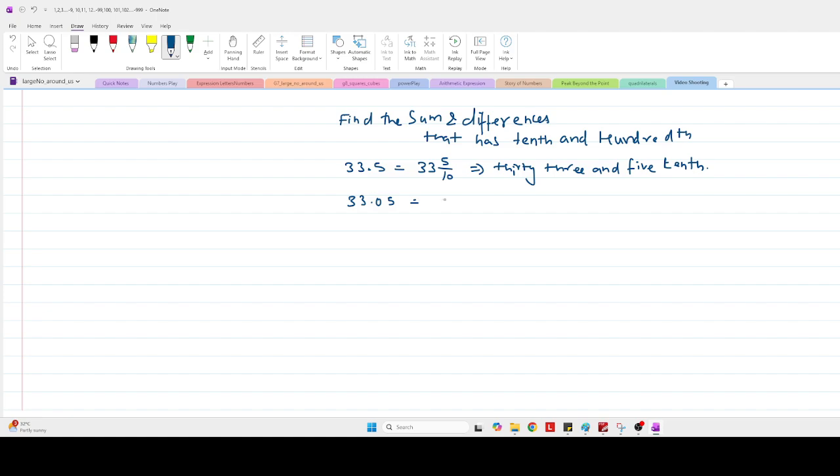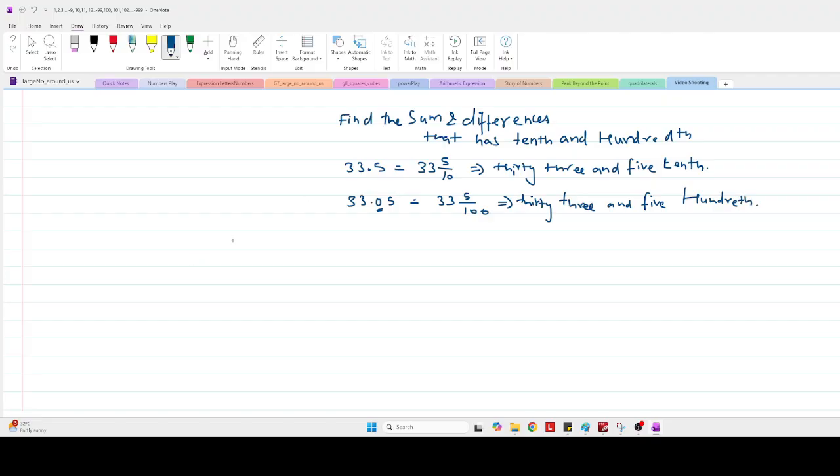How do we write it as 33 and 5 by 100? Because there is no tenth part, the tenth is 0. So I made it as a hundredth part. So how do we write 33 and 5 by 100? How 100?